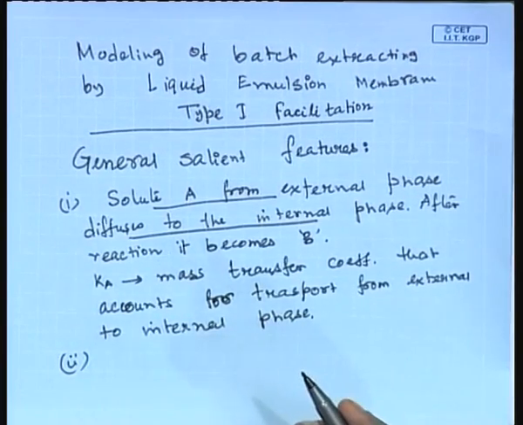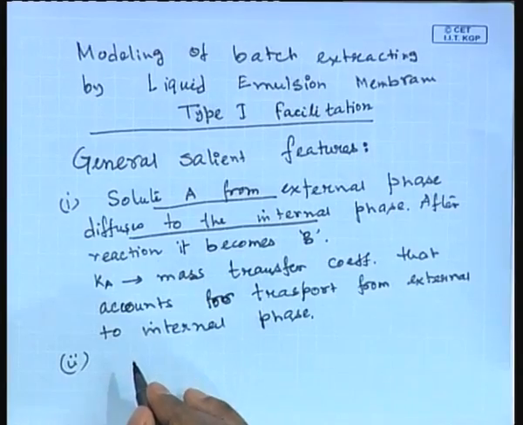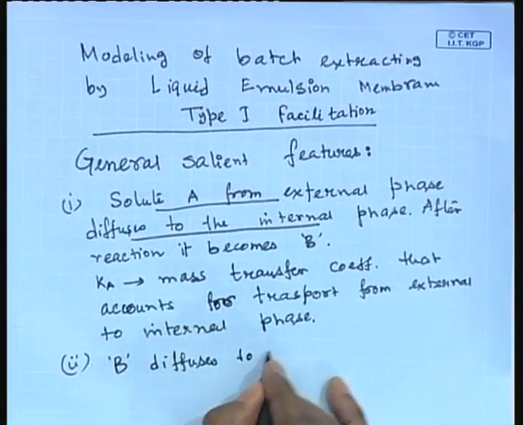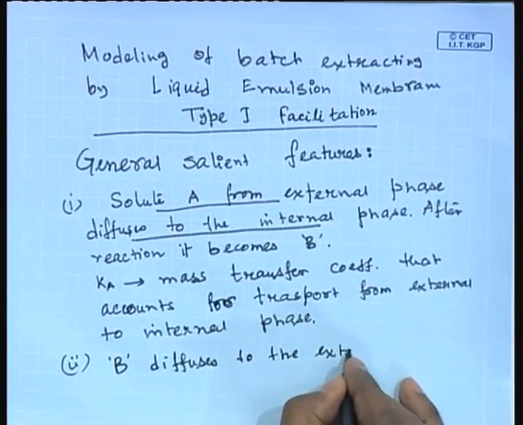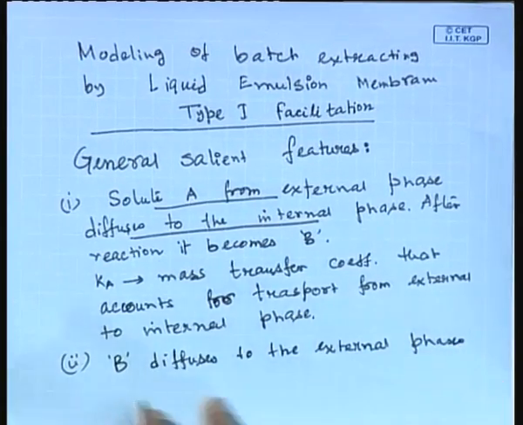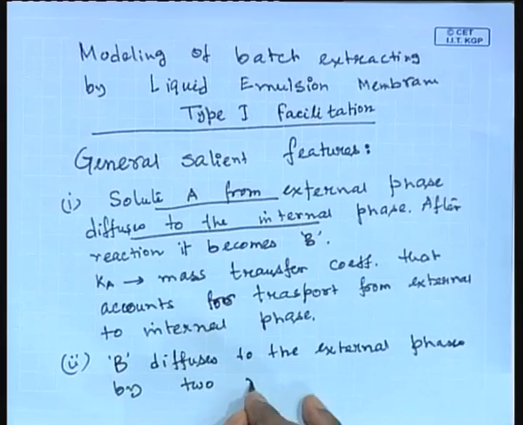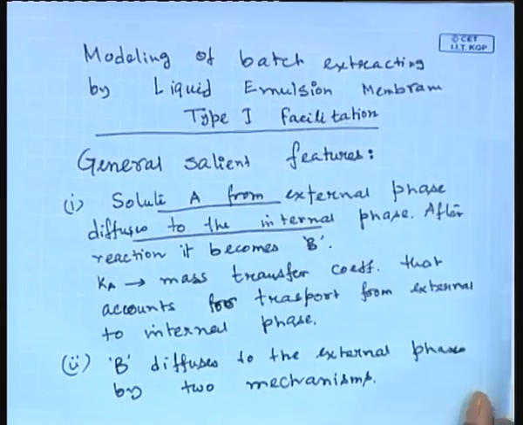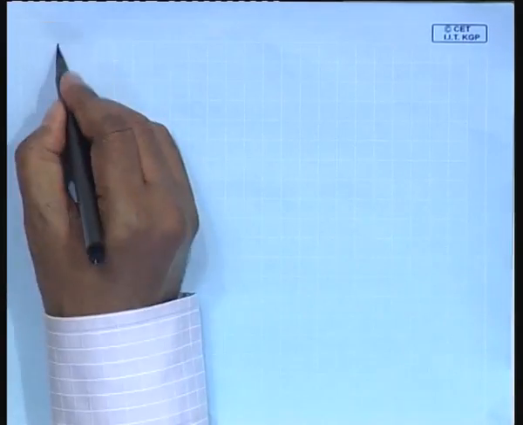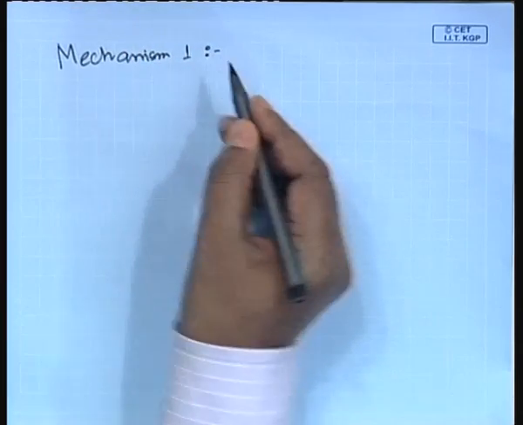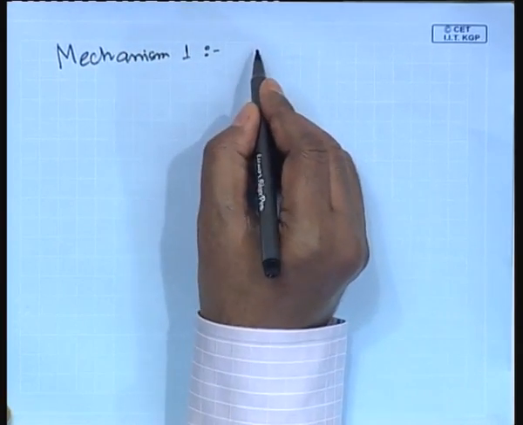B is formed in the internal phase, and it diffuses to the external phase by two mechanisms. What are these mechanisms? The first mechanism is that it diffuses through the oil phase.